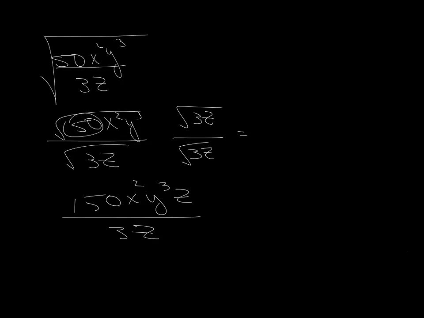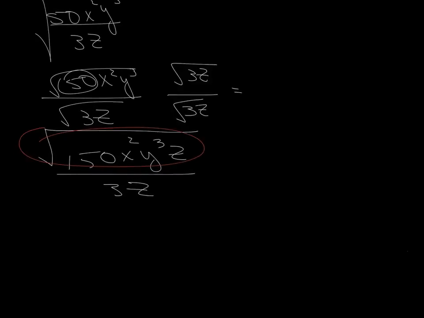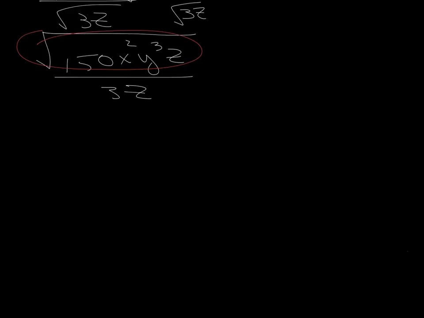Alright, that's still in a radical sign. So the bottom is done. That's all we can do with that 3z. But the top, we're going to go ahead and simplify. So let's move this up. And what we're going to do, I need a different color here. Let's go with yellow.